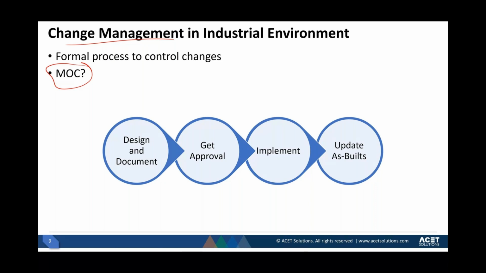But in a nutshell, for any kind of change in the industrial facility, in the industrial environment, the first step is to design and document the change. So whatever change needs to happen, it is supposed to be designed by qualified personnel. It is documented what change will be made, sometimes even the how part, how it will be made, and then you get approval for that. Once the approval is obtained, then the change is implemented.